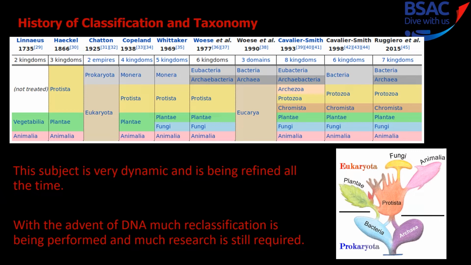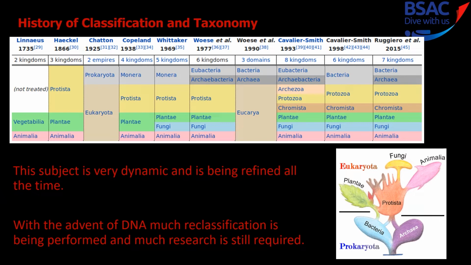Haeckel in 1866 introduced the category of protista, which at the time meant single-celled organisms such as protozoa, simple algae, fungi, and slime molds. Chatton in 1925 believed there should be a level above kingdoms called empires, and created the prokaryota and eukaryota empires. Further, in 1938, Copeland clarifies the kingdom boundaries within the empires with the definition of monera.